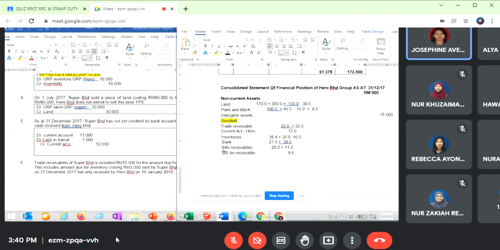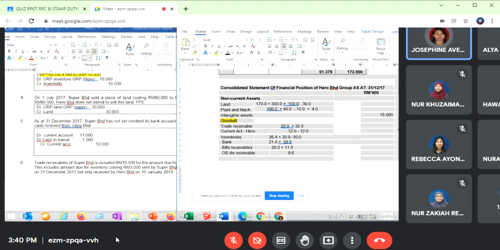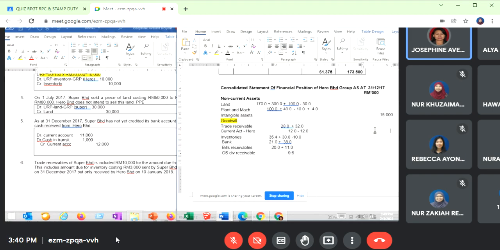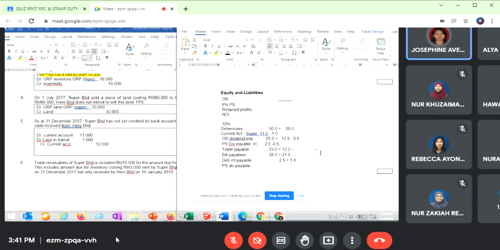So you go to the statement of financial position, the asset will be minus. So the figure here, there should not be any more figure here. It must be 0. Then you go to the bank. Bank, there will be an item in transit, so you plus 1. Then you go down to the liability.